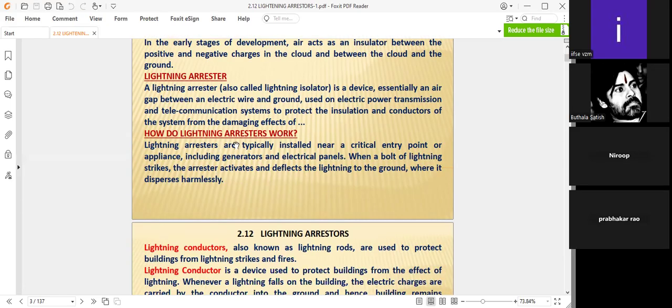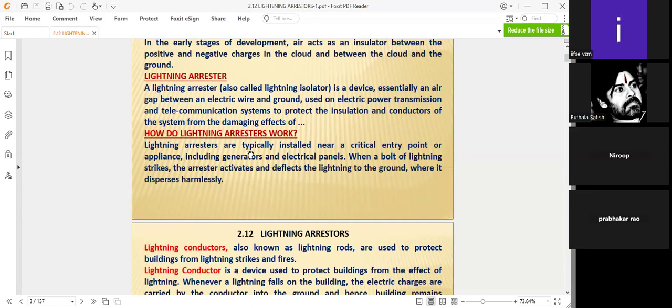How do lightning arresters work? Lightning arresters are typically installed near a critical entry point or appliances, including generators and electric panels. When a bolt of lightning strikes above the equipment where it is installed, the arrester activates and deflects the lightning to the ground, where it disperses harmlessly.